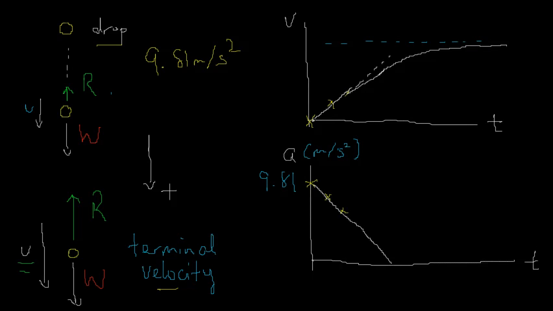So it seems that having a straight line acceleration is not impossible, and maybe at some point the acceleration reaches 0, and so the slope of this graph reaches 0.